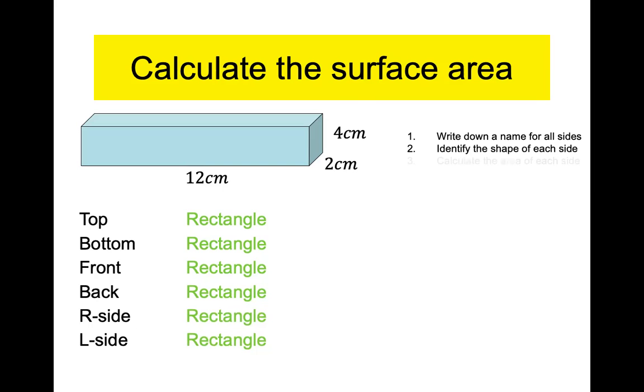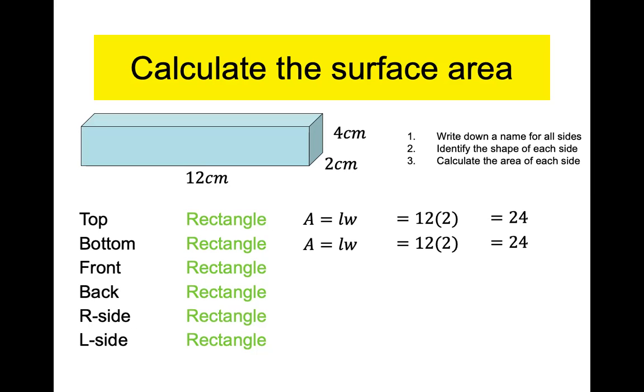It's length times width, and then we plug in those dimensions and we do that calculation. So for the top, the length is 12 and the width is 2. So 12 times 2 is 24. The nice thing about a rectangular prism is the top is the same as the bottom, the front is the same as the back, the left is the same as the right. So yes, you're doing a bunch of calculations, but really you're just doing three calculations. You're doing them twice. Or you can just times it by 2. If you can remember that, you can certainly do that on the test.